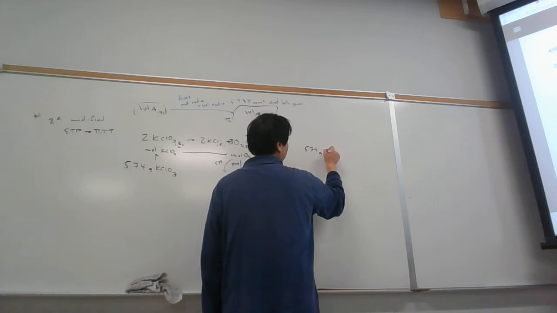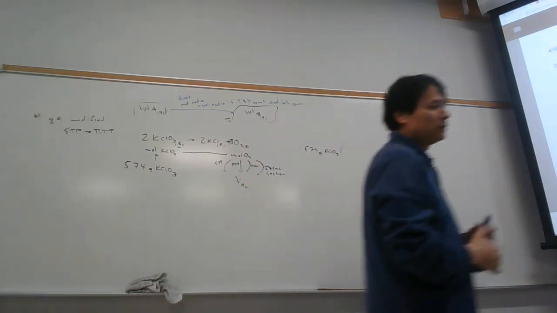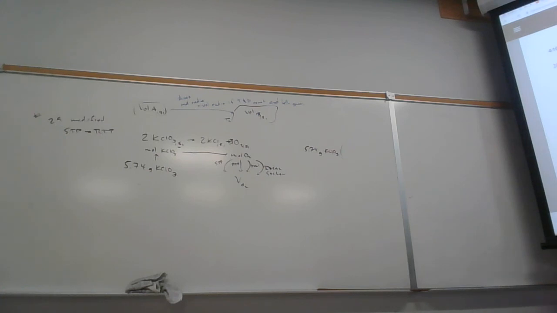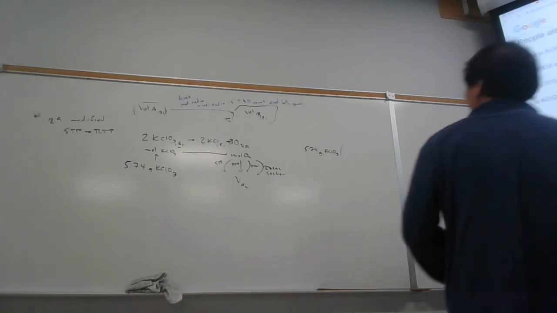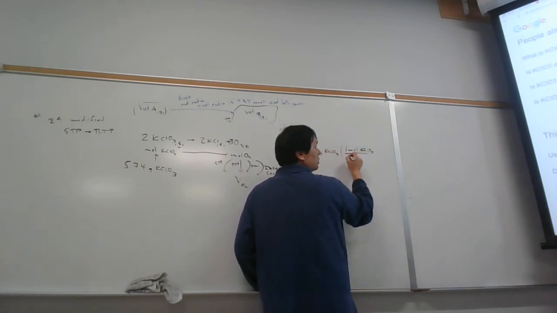5.74 grams of KClO3. I don't want to calculate the molar mass of KClO3, so I'll look it up. The molar mass is here, 122.55 grams per mole. And so 1 mole of KClO3 weighs 122.55 grams.